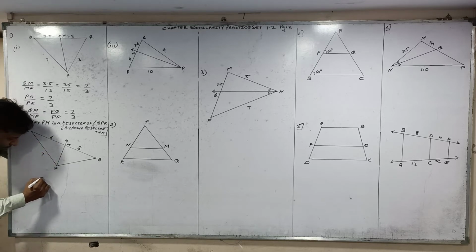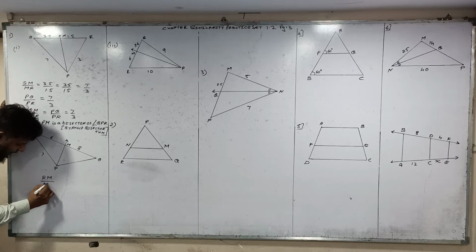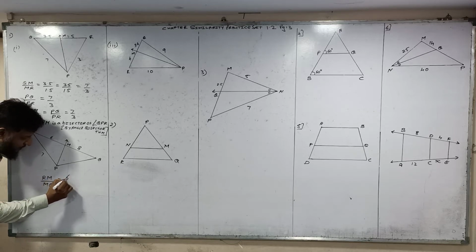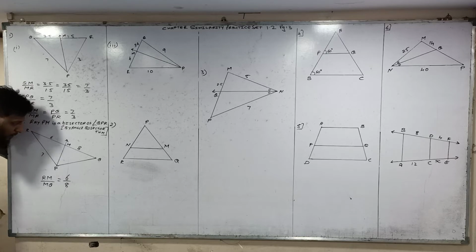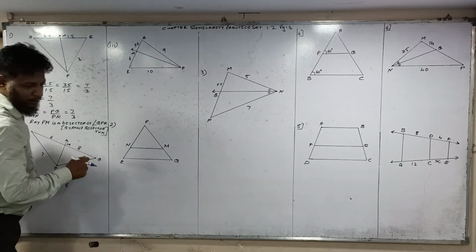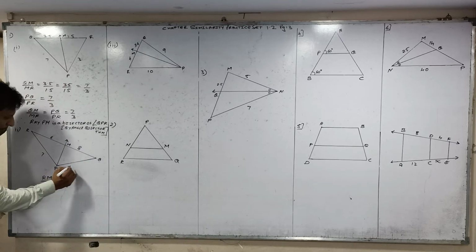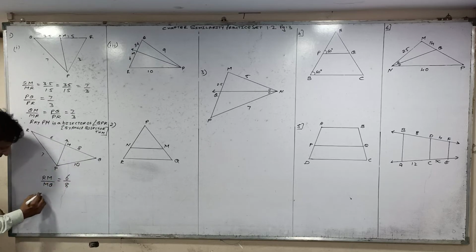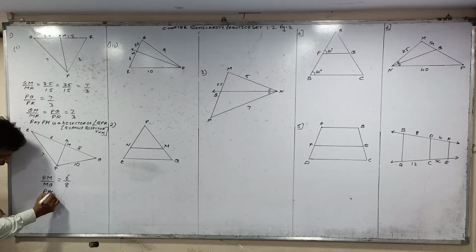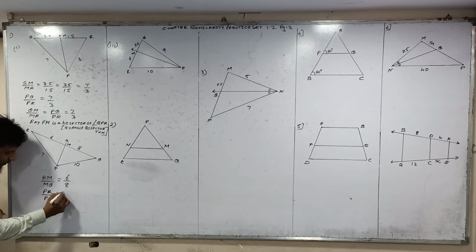In this sum also, RM upon MQ, how much? 6 upon 8. Then PR upon PQ, how much? 7 upon 10.